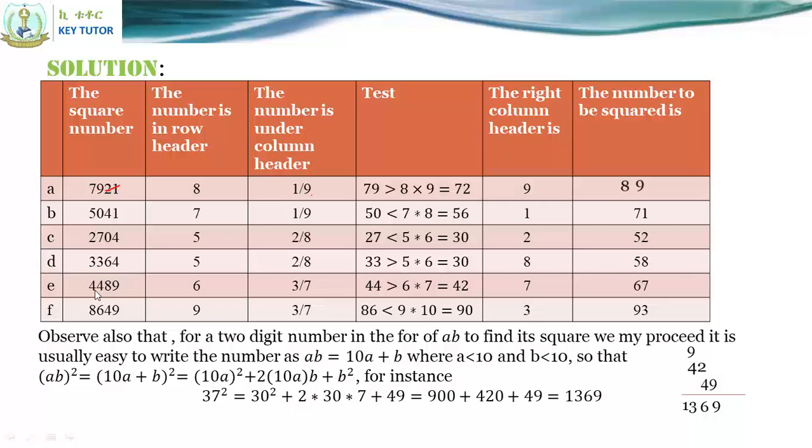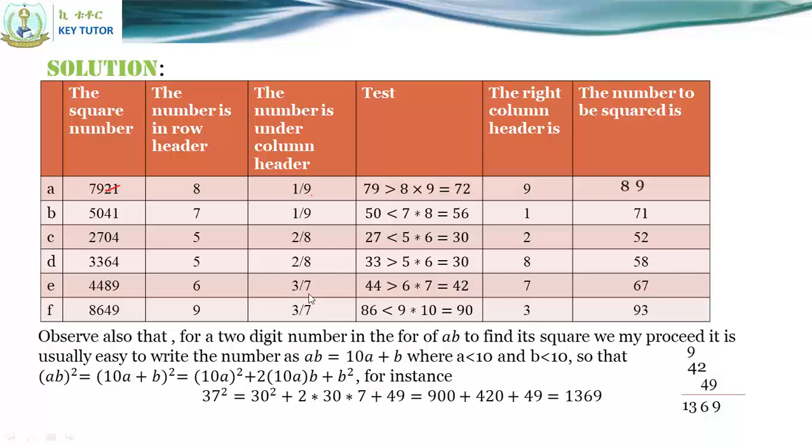Let's go on. Let us take 4,489. This number exists in the 6th row because this number is greater than 36 and less than 49. Okay, I mean 44 is greater than 36 and less than 49. When you delete 89, you get that number. So it is in the 6th row. So you take here 6 as the tens place.